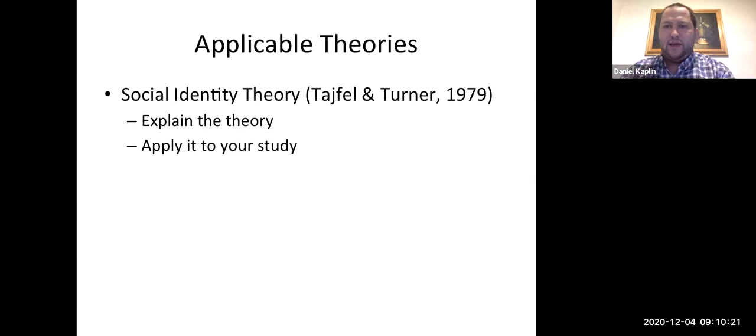Then you would cite the authors, the creators of the theory, and then you would explain what that theory is, because do not assume the reader understands that theory. And then once you talk about that theory, you want to apply it to your study. Now, this information can be found in the introduction of your thesis, right? So that's the applicable theory.